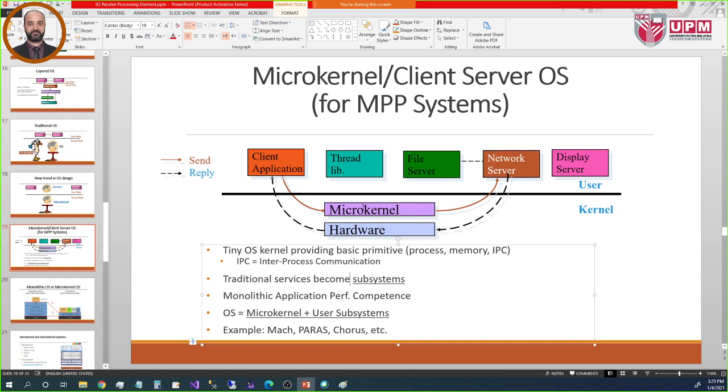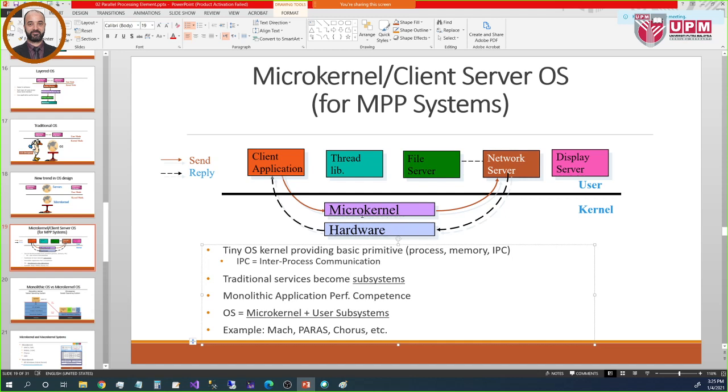The microkernel operating system is going to be installed on the controller. Then the other servers could run different traditional operating systems like Linux, Windows Server, whatever.